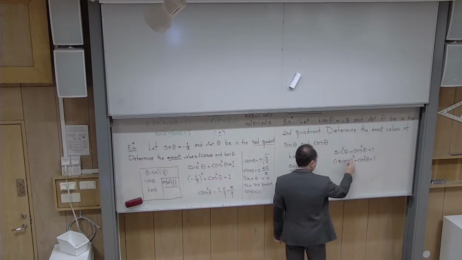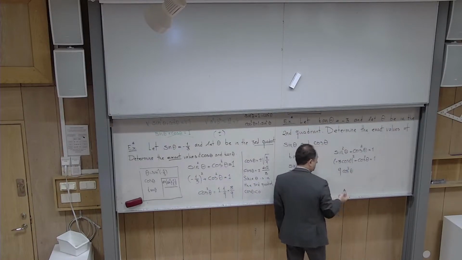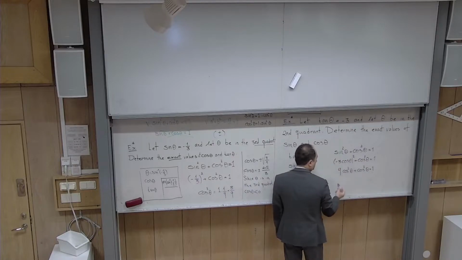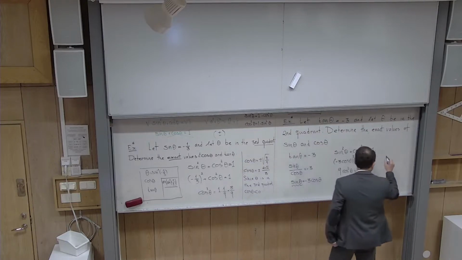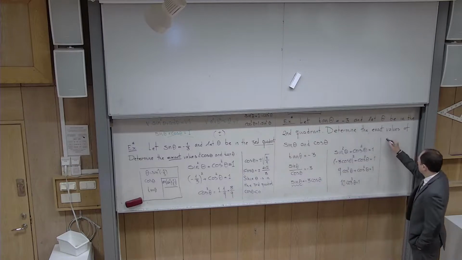And then I raise it to power 2, it becomes 9 cosine squared theta, plus cosine squared theta is equal to 1. 9, 1 more, I have 10. This becomes 10 cosine squared theta is equal to 1. This means that cosine squared theta is 1 over 10.